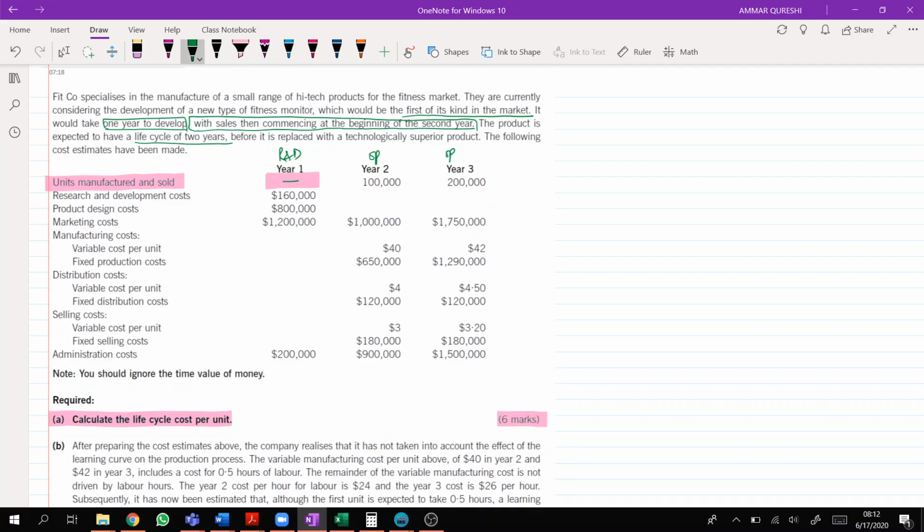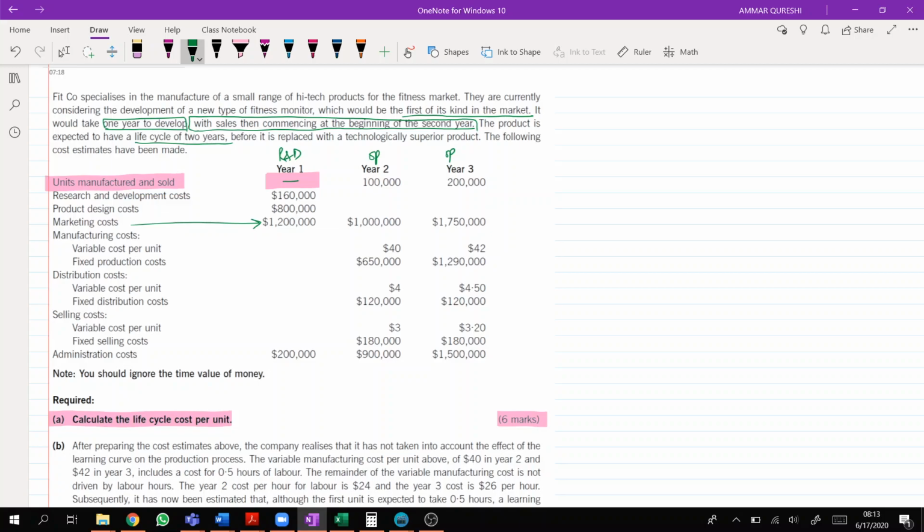Then it says research and development cost is expected to be 160,000, product designing cost is expected to be 800,000, marketing cost is expected to be 1.2 million in the first year, 1 million in the second year, and 1.75 million in the third year.